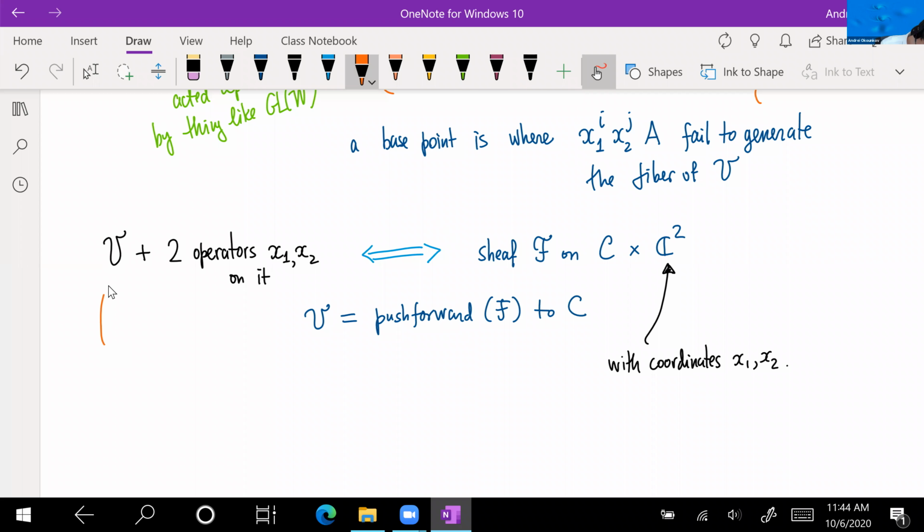Now this guy was a bundle on C. A bundle is not any sheaf. Being a bundle means locally free, but on a curve that is the same as being torsion free. So it means it has no zero-dimensional subsheaves.